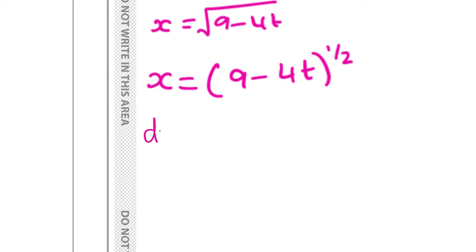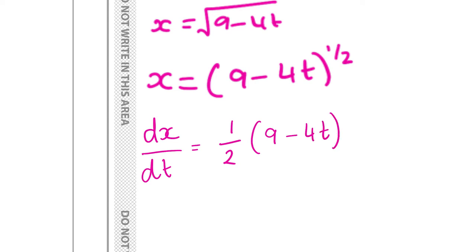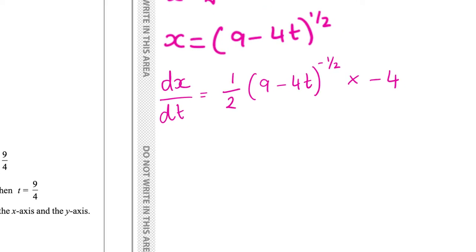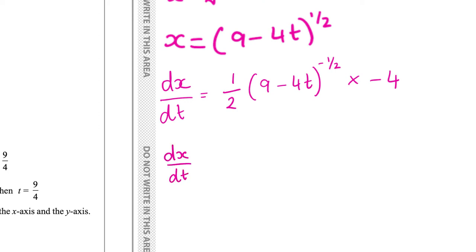If we differentiate x with respect to t, we're going to have a half (9 minus 4t) to the power of negative a half multiplied by the differential of the bracket, which is negative 4. So, dx/dt is going to equal minus 2 lots of (9 minus 4t) to the power of minus a half.